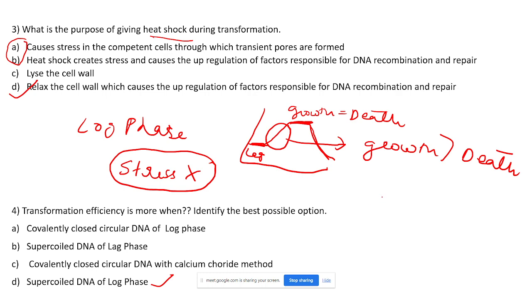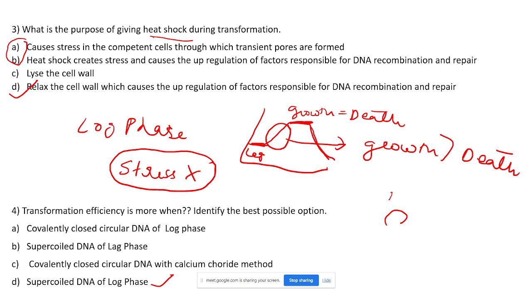If you give them more stress, their cell wall will shrink even more, and then there will be even fewer chances of uptake of your ligated product. So you want your cell wall to expand and increase its surface area, so that there are more chances of the ligated product being taken up.